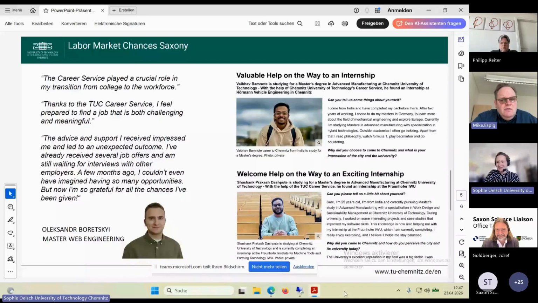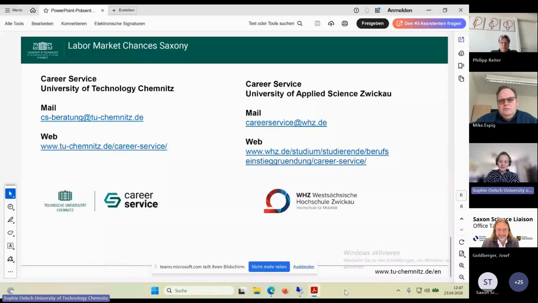And who can help you in this regard? Like I told you, the career service is the best opportunity to get in contact with the local companies and to get some advice about application documents. Here is the email address and the web address of the career service in Chemnitz. And I also did some research.